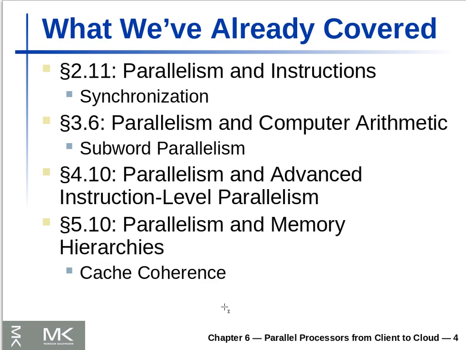Alright, we have talked a little bit about parallelism, although not at this level. In chapter 2, we talked about parallelism and instruction synchronization, so this is with pipelining, where we're taking advantage of instruction parallelism. We're executing basically 5 different instructions at the same time. We're just choosing which part of the instruction to execute. Computer arithmetic, so subword parallelism.